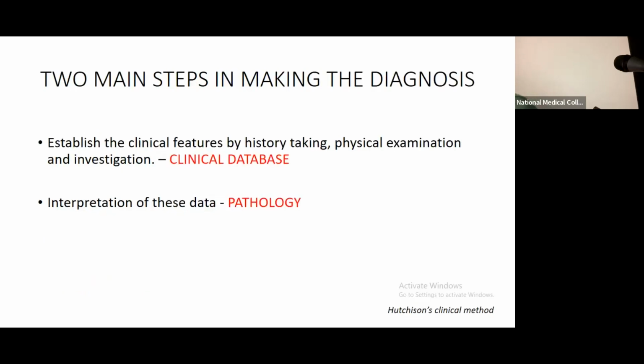Why do we think that case presentation is important? There is a very beautiful line from Hutchison. If you see the first page of Hutchison, it says: making the diagnosis, establish the clinical features by history taking, physical examination and investigation. That is our clinical database. Then you have to interpret this database, telling what the pathophysiology is.